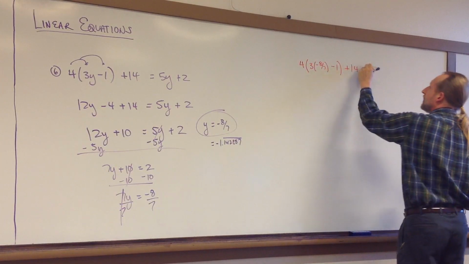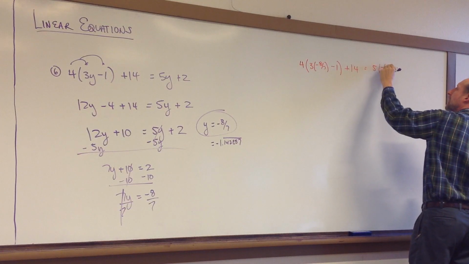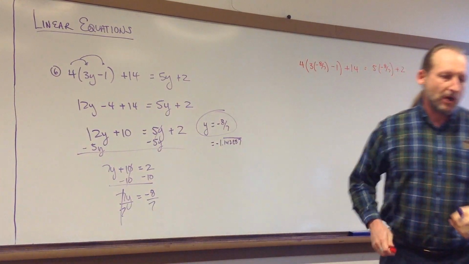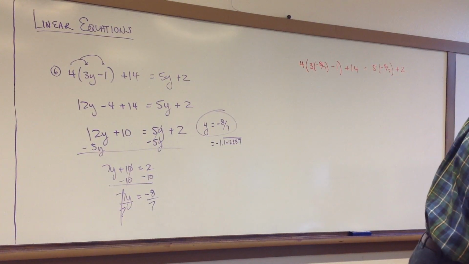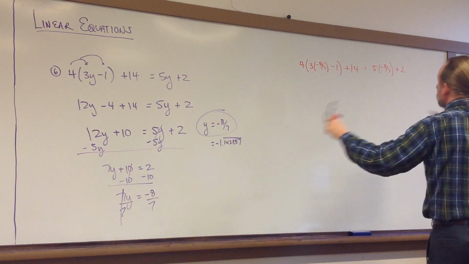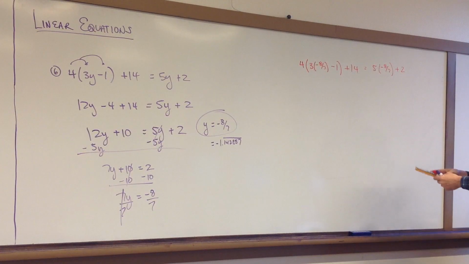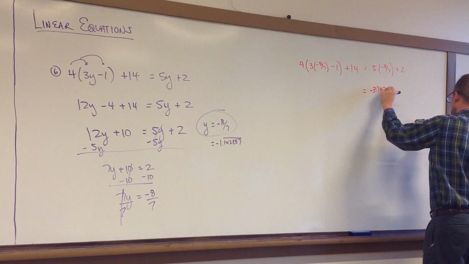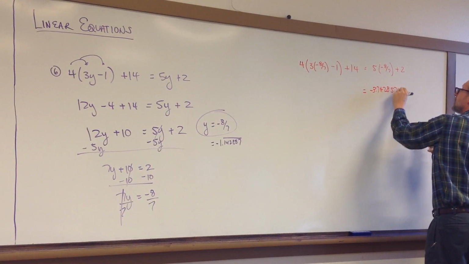The key here is that both sides be equal to the same thing. So let's take the calculator: 5 times negative 8/7 plus 2. The calculator is telling me negative 3, and then here's this decimal that comes out of the sevenths.